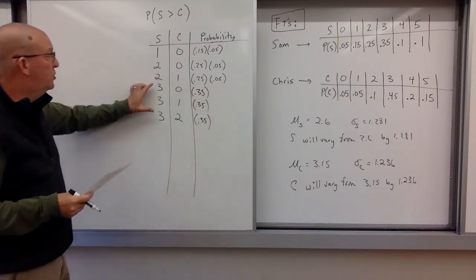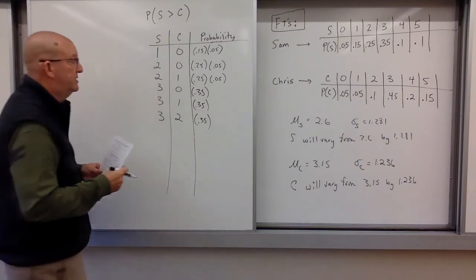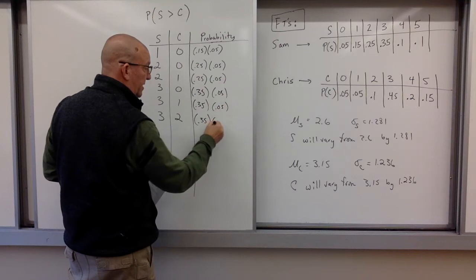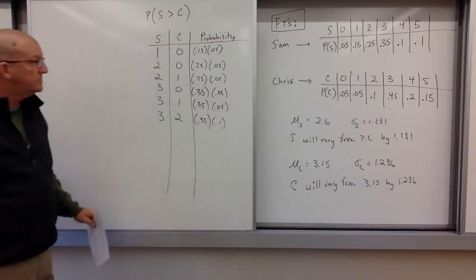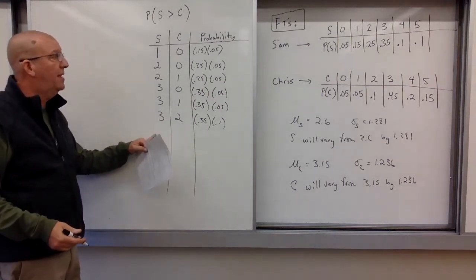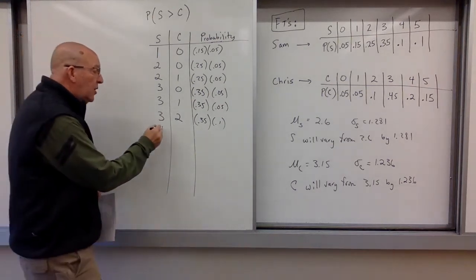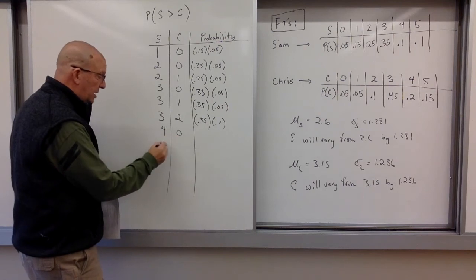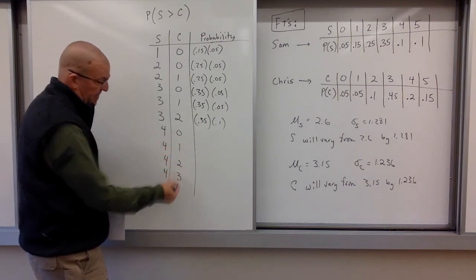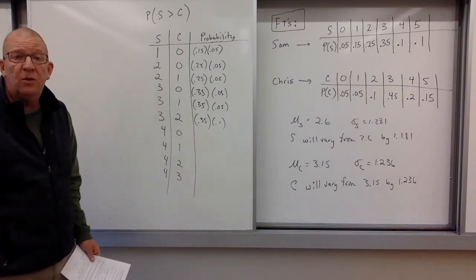Now we have to go through Chris: 0.05, 0.05, 0.1. And then how about if Sam makes 4? Again, I'm not saying these are likely outcomes. In fact, they're pretty unlikely, as these probabilities will show us.